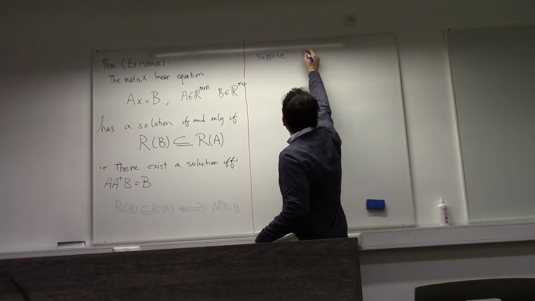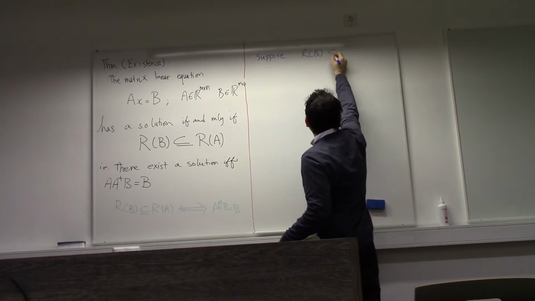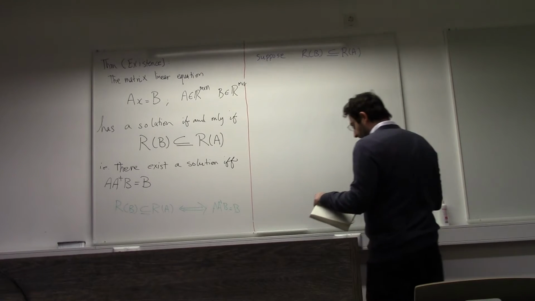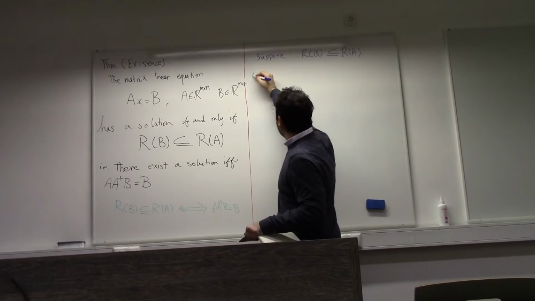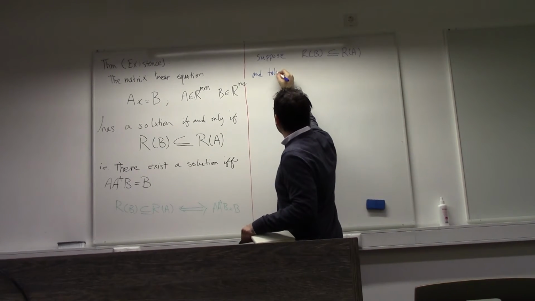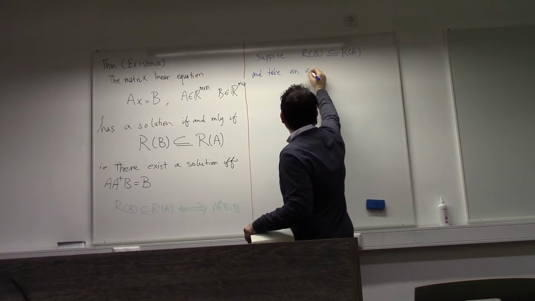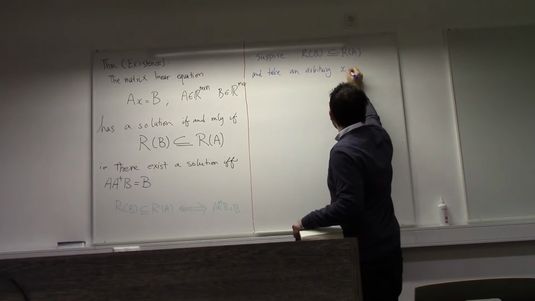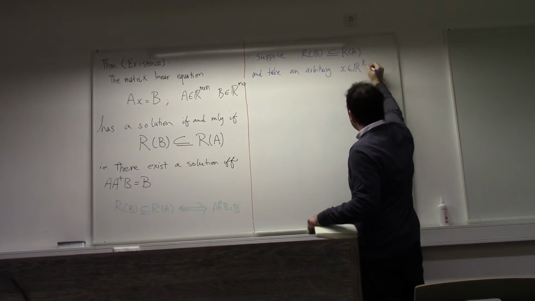Suppose the range of B is a subspace of the range of A, and take an arbitrary x belonging to R^k.